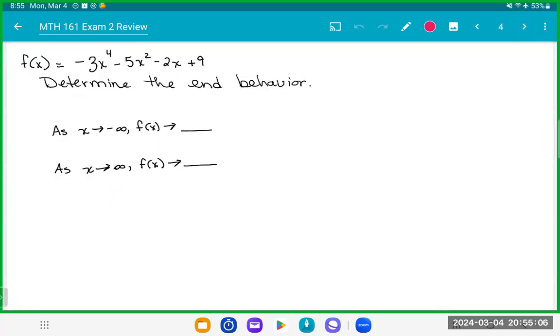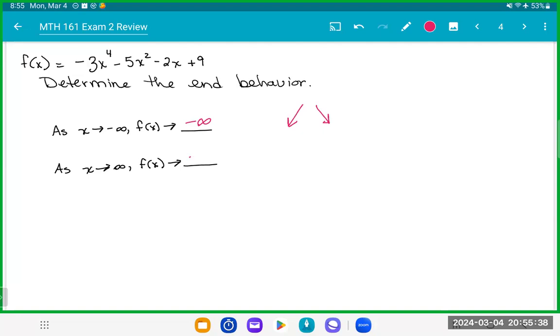You'll need to do the end behavior. So remember we had if this is positive or negative, and if this is odd or even, we have the 4 different cases there, right? So in this case, as x approaches negative infinity, my whole function approaches negative infinity. And that is because if we look at our end behavior, we know that we're decreasing to the left and we're decreasing to the right.